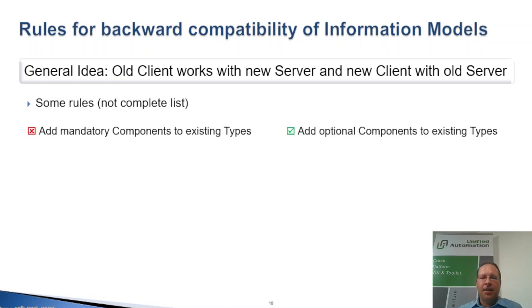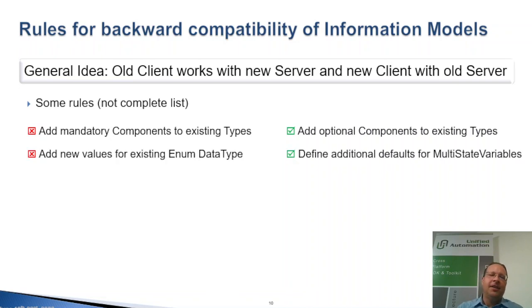If you add a mandatory component to an existing type, then a new client will expect that this is always there, but the old server does not know anything about this mandatory thing, so the client will run into issues. So that's not allowed. But of course, you can add optional components to existing types, because the client always needs to deal with the fact that this optional thing is not available.